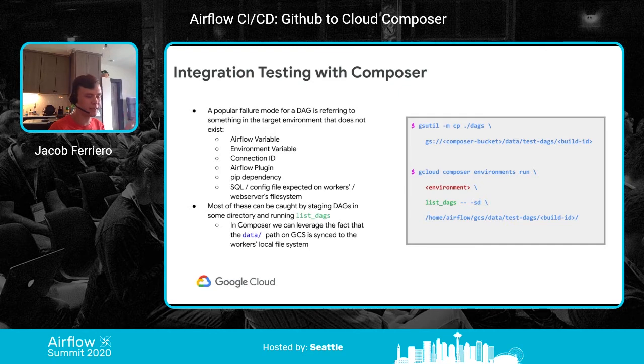A lot of times in our DAGs, we refer to either Airflow variables or environment variables or connection IDs or specific Airflow plugins. And it's very important that when we're about to deploy to a Composer environment, we know that we've set all of those variables, connection IDs, plugins, et cetera.